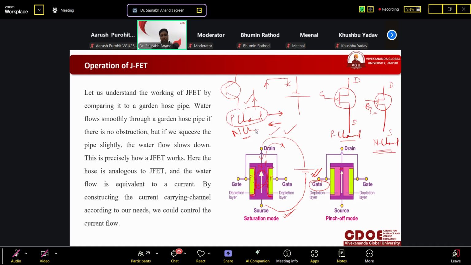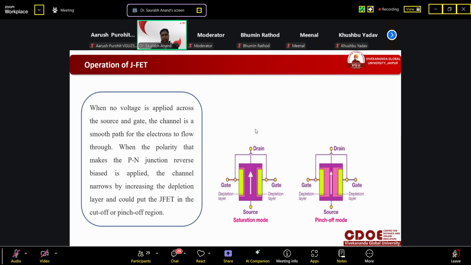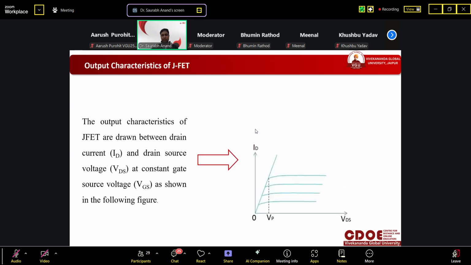Have you understood how it works? This is all about the operation that we have understood.